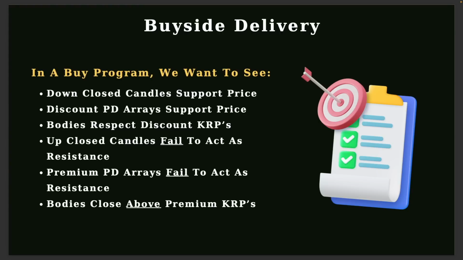And lastly, we want to see bodies close above premium key reference points, because think, if we were bearish, we don't want to see bodies close above premium key reference points. But if we're looking at buy-side delivery here, we want to see closures above those premium key reference points to ensure that we are going to continue higher to whatever our target is.